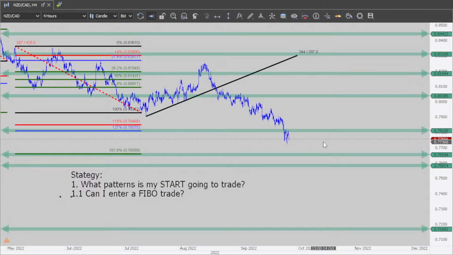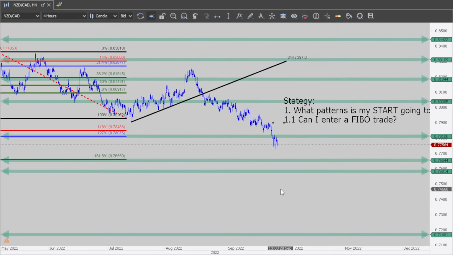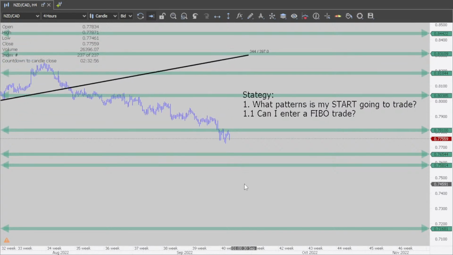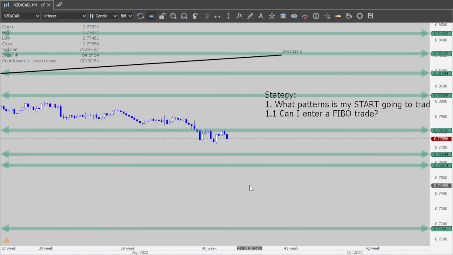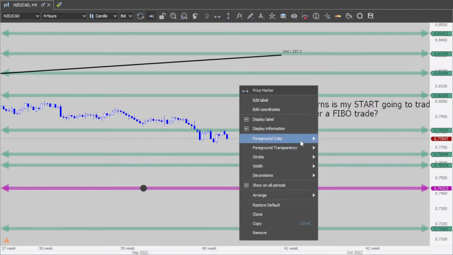Sammy says, Andy, can you extend it? Ala short, 1 hour. Okay, Ala, what pattern? Ala short on the 1 hour chart, and Ala's entry, let's color code this, maybe like this, and transparency. Okay, edit coordinates.